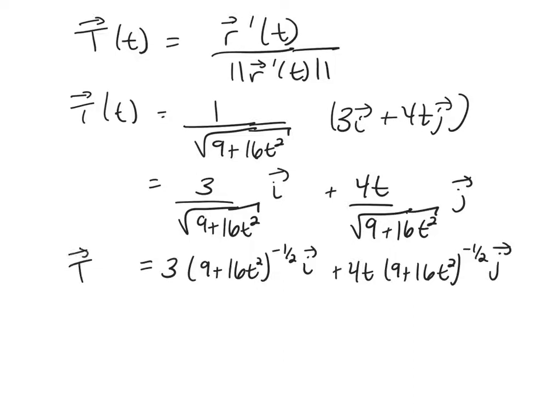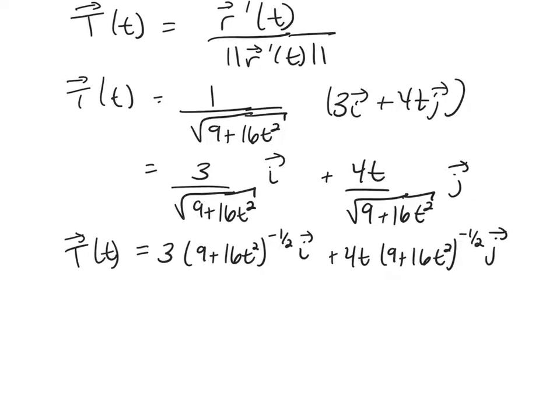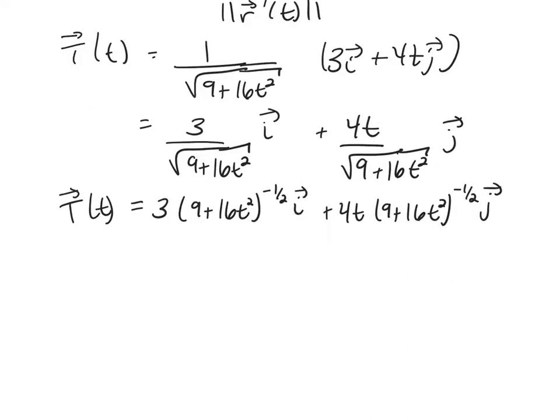And this is my vector T. And the reason why I rewrote those terms is because now I need the derivative of this vector T to find my principal unit normal vector. So we're going to take the derivative now, T prime.